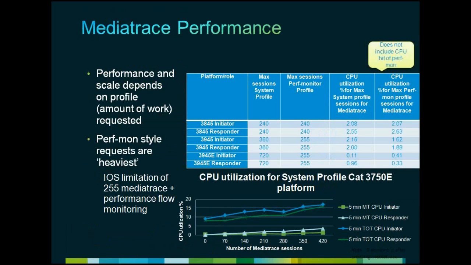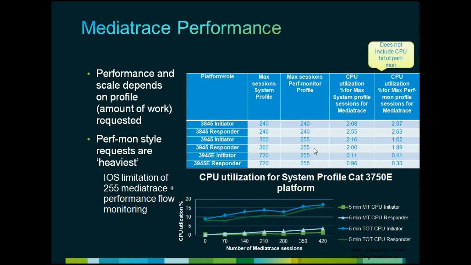Again, the performance is going to depend, as usual, on the specific profile, so how many metrics you are expecting to collect, and the number of sessions happening at the same time. There is an IOS limitation of 255 flows. And here are some of the metrics.